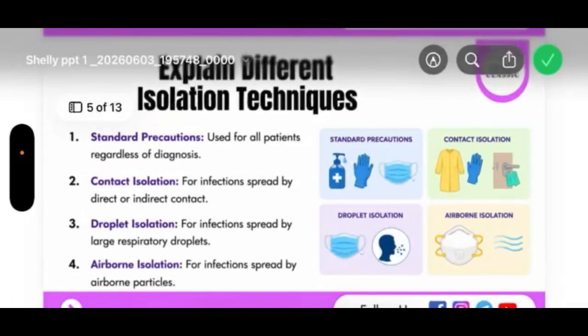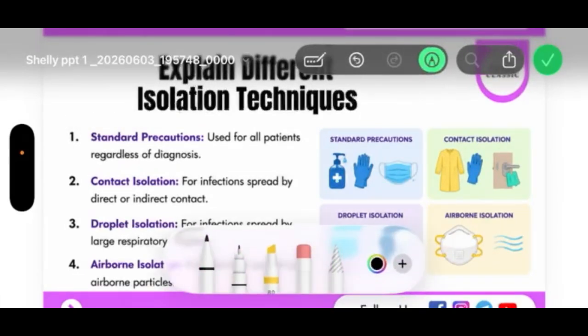First, there are standard precautions, which are used for all patients regardless of diagnosis. The basic standard precautions we take for every patient are hand hygiene, hand washing, wearing gloves, and using a mask. Then contact isolation.